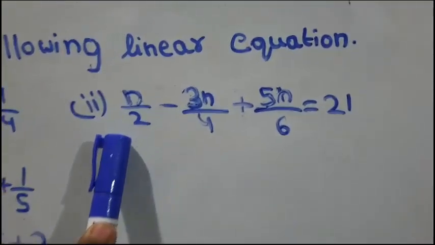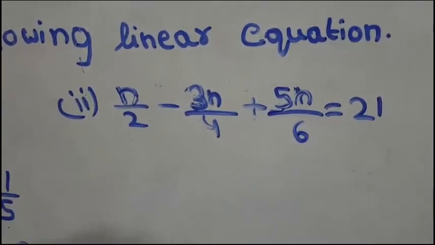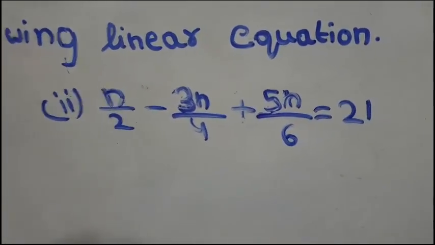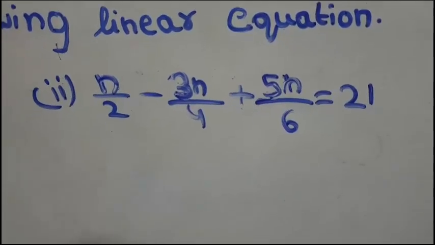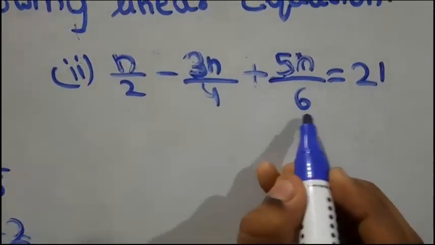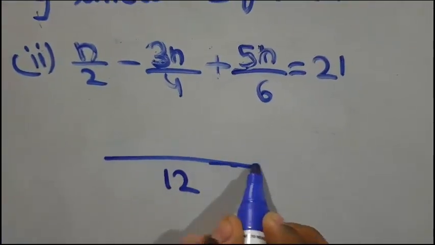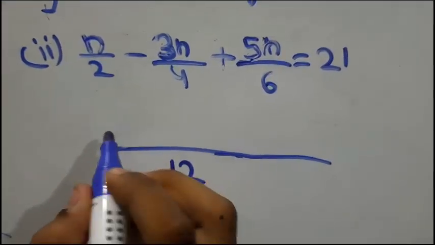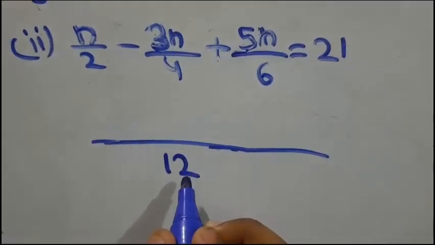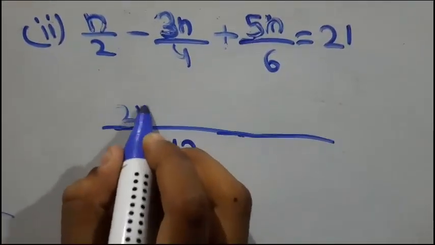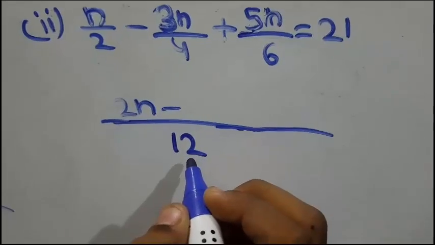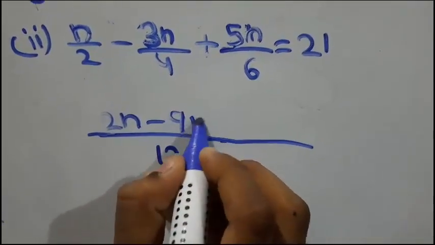The second question is n by 2 minus 3n by 4 plus 5n by 6 equals 21. We have to take the LCM here. The LCM is 12. 6 2s are 12, 2n. 4 3s are 12, 9n.